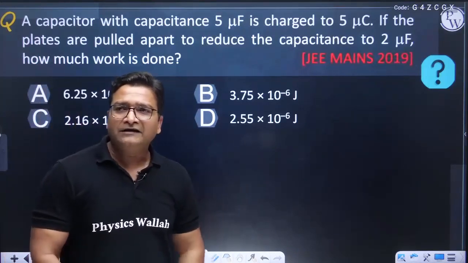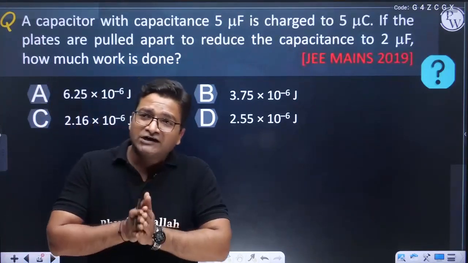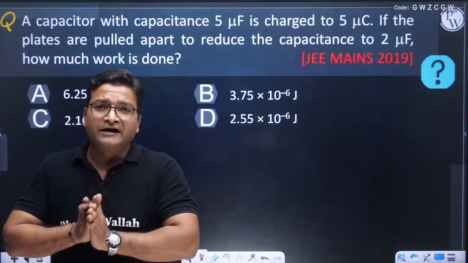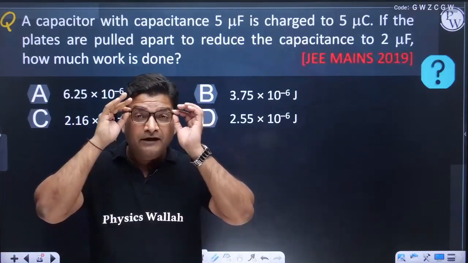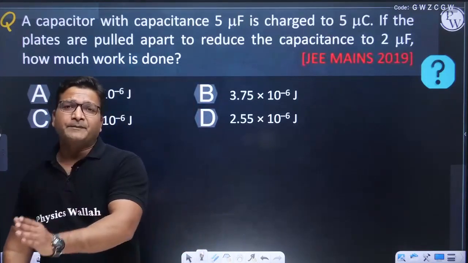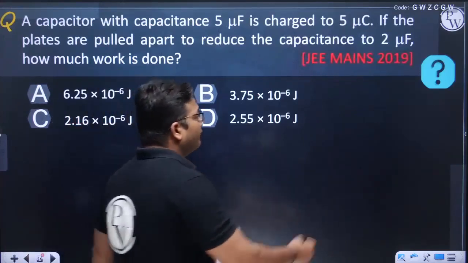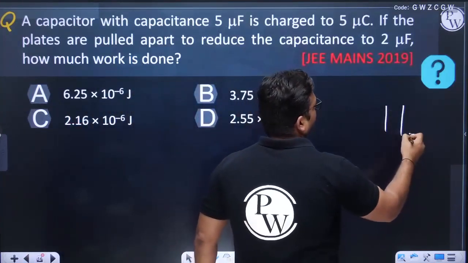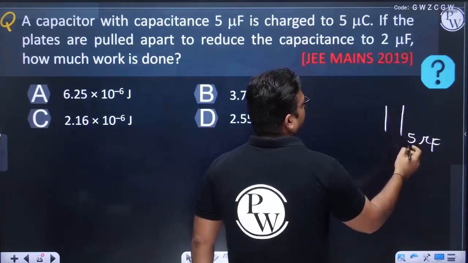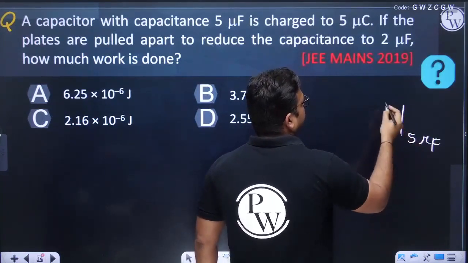As the capacitor is charged to 5 microcoulomb, and it is not said that it is connected to a battery, we will take it as an isolated capacitor, so the charge on the capacitor will remain the same.